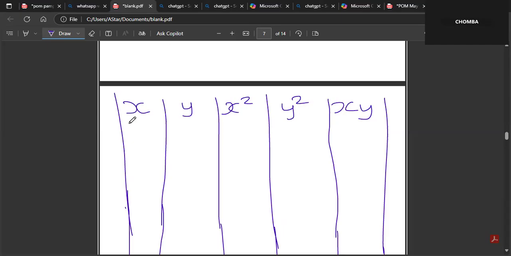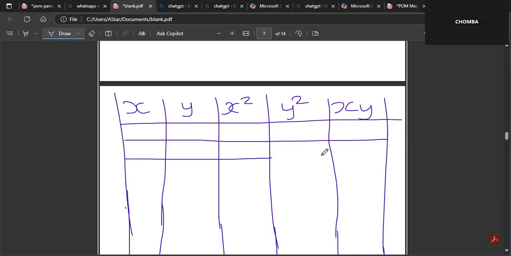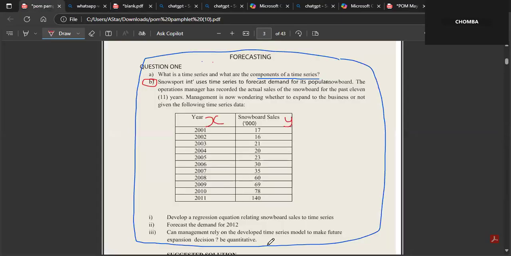For X, you have 1, 2, 3, 4, 5, 6, 7, 8, 9, 10, 11. And those are the figures that we have.